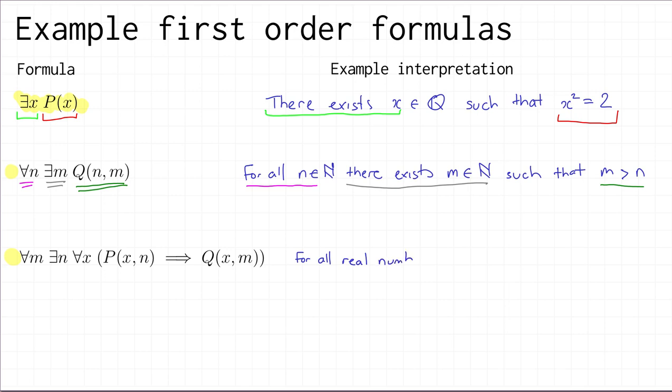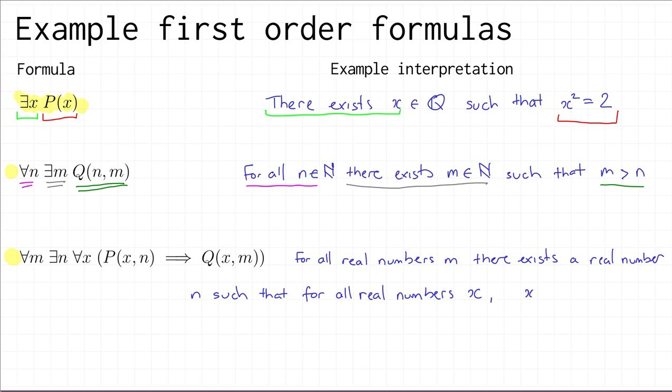For all real numbers m, there exists a real number n, such that for all real numbers x, if x is greater than n, then that implies that sine of x is greater than m.